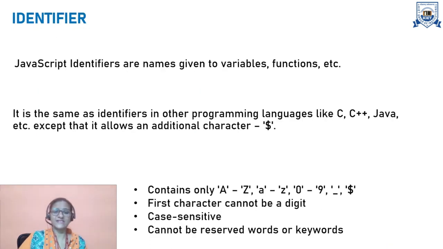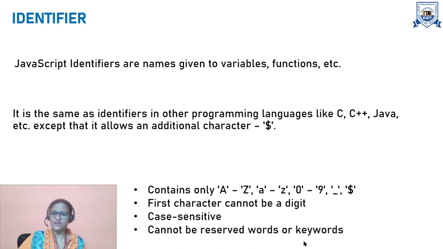Next, identifiers. Basically, what are identifiers? They are the names through which we can identify anything, like any variable or any function. It is the same as identifiers in other programming languages. All the rules we follow in C, C++, Java, Python, and many other languages apply here, except one additional thing: we can add the $ symbol here, while it is not allowed in other programming languages.